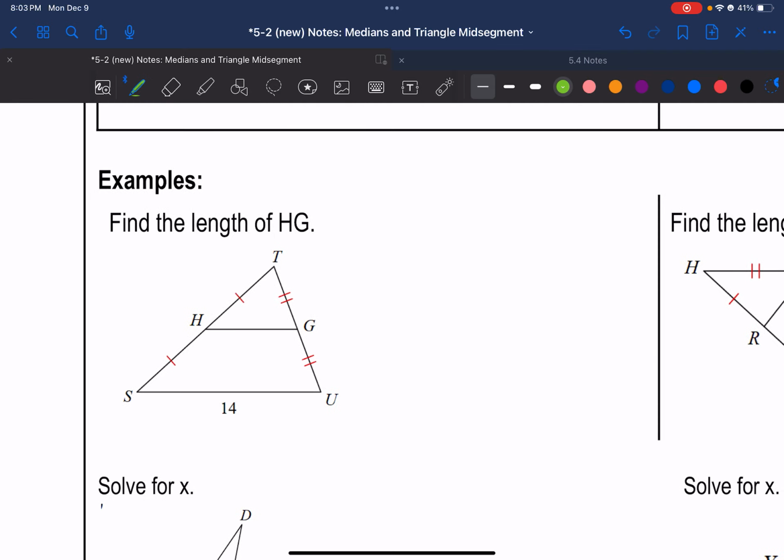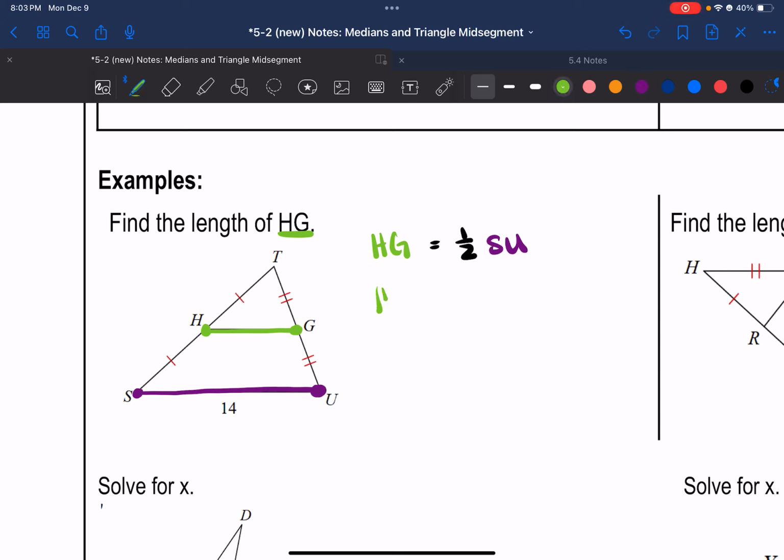So looking at this first problem, we have HG. That's what we're trying to find. H and G are midpoints. So we know HG is equal to half of the third side of the triangle, which is SU.